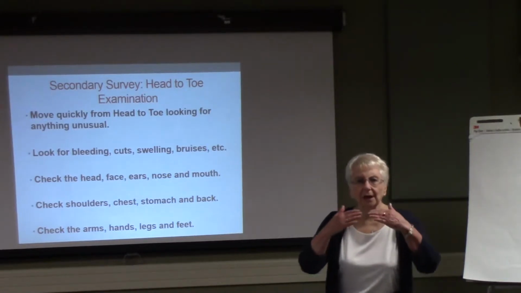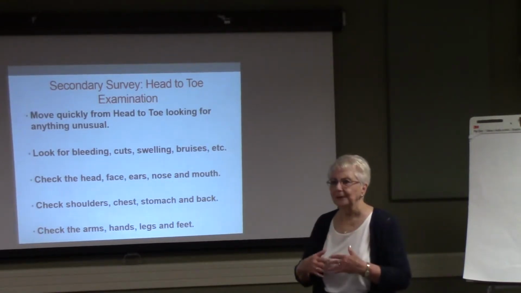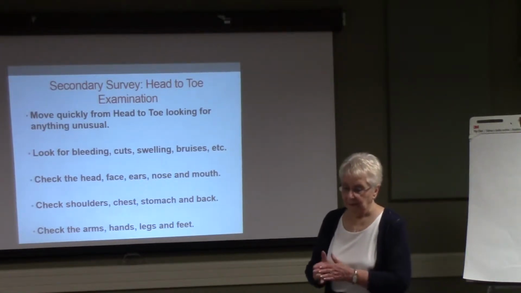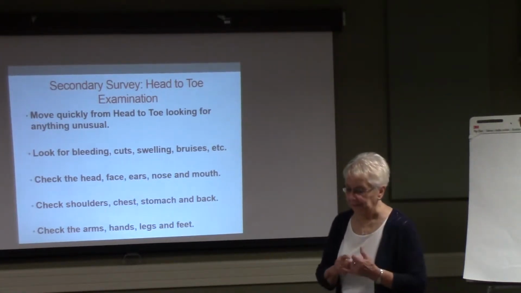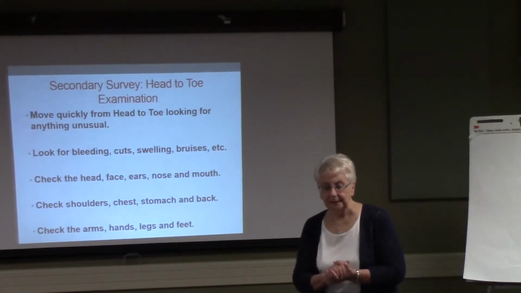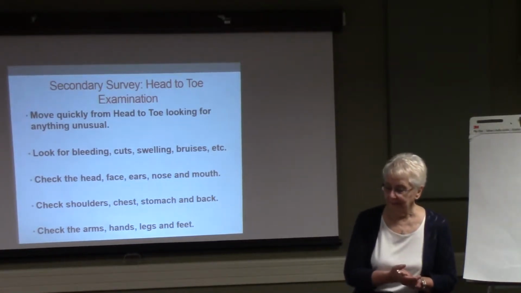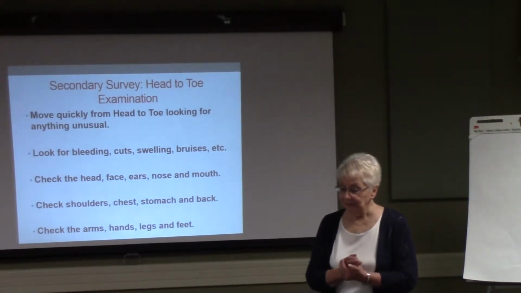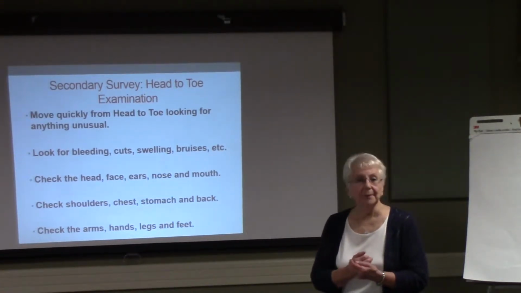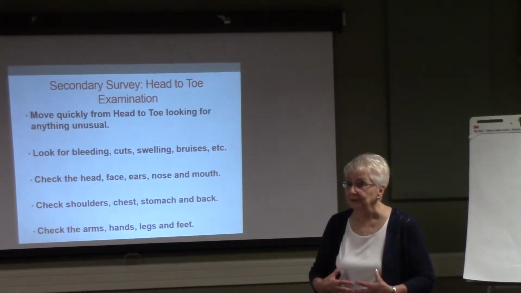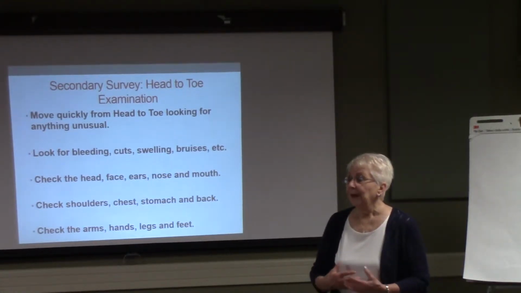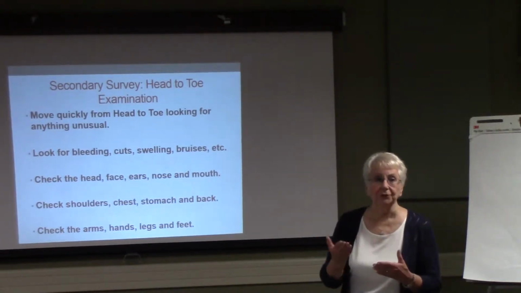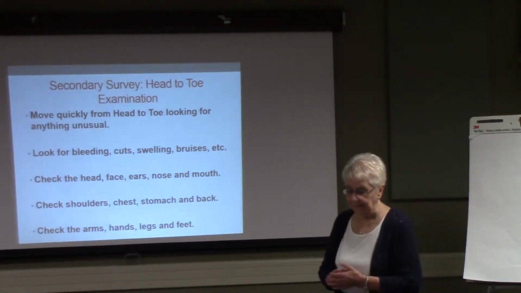Then we're going to look from top to bottom. We're not going to push on anything. We're not going to press on anything. We can make it worse. All right? Move quickly from head to toe. Look for bleeding, cuts, swelling, bruises. Check the head, face, ears, nose, and mouth. Check the shoulders, chest, stomach, and back. Remember, people can have internal injuries, and they're bleeding inside, just as dangerous as having a wound that you can see where you're bleeding outside.